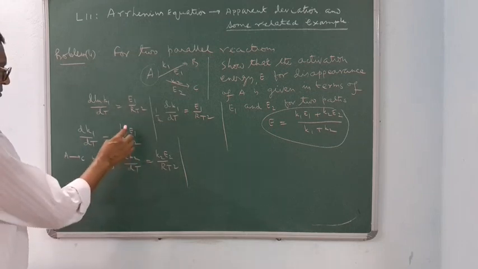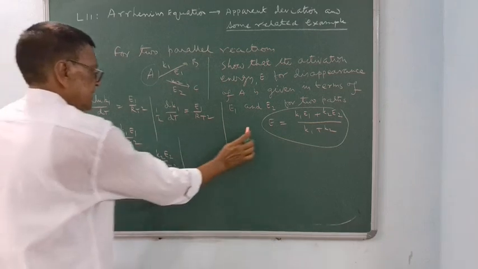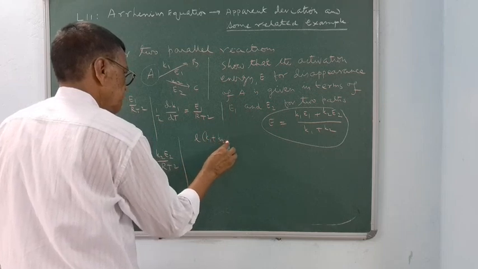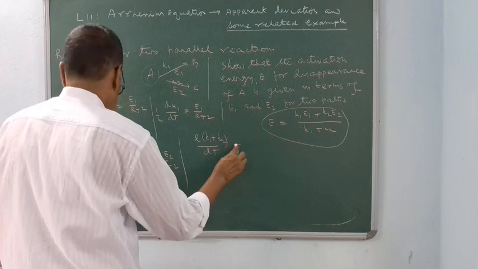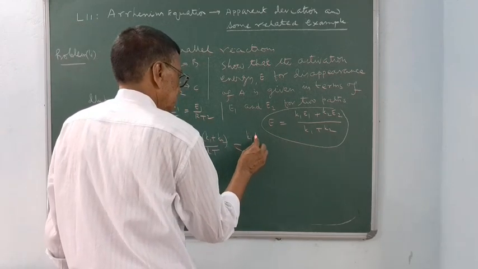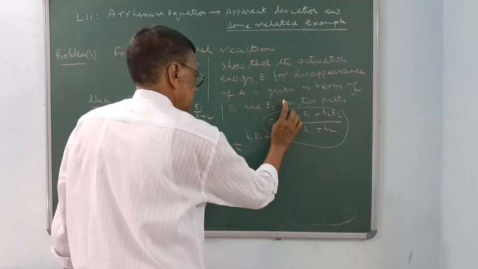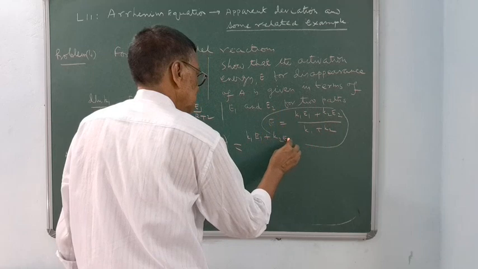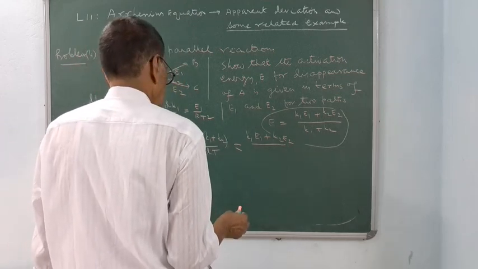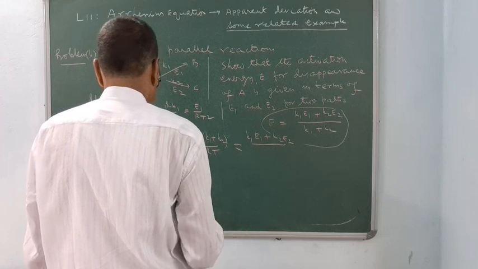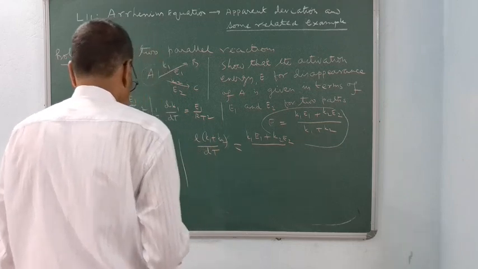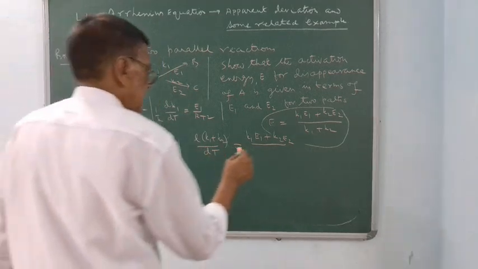If we add these two, d(k1 plus k2) by dT equal to (k1 E1 plus k2 E2) divided by RT square.